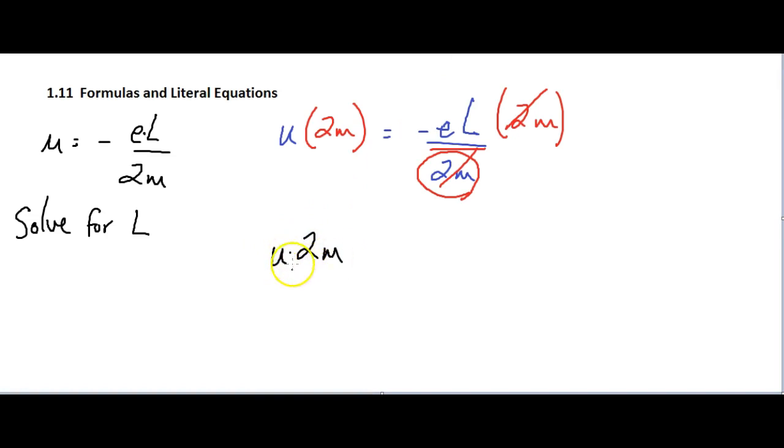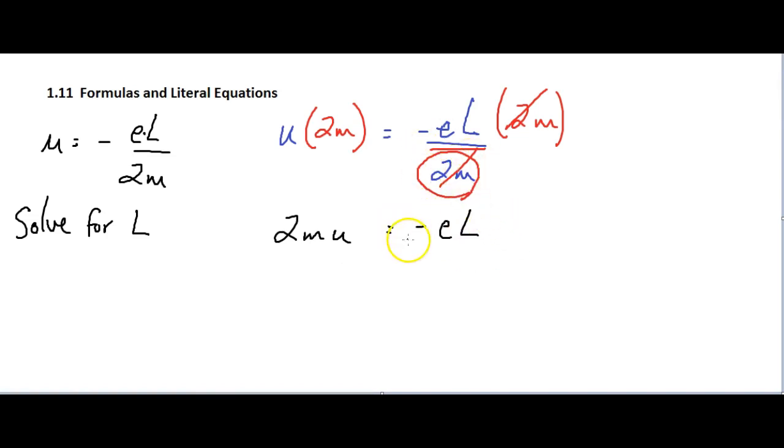Looks funny like that. It really 2mu might be better actually. Let's change it to that. Usually put the numerical part first. Okay, so let's call that 2mu equals minus EL. Great, got rid of the fraction.